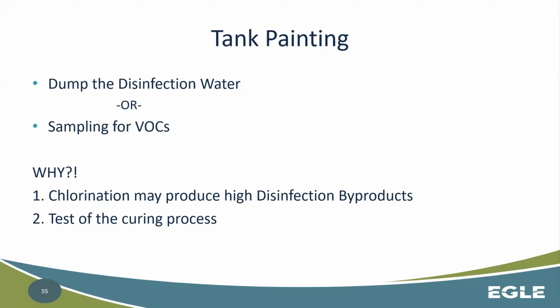And then, in addition to this, after your tank painting, make sure that you dump the disinfected water and then make sure you're sampling for VOCs. Obviously, chlorination may produce high DBPs, and make sure that the paint is cured properly and not leaching into your drinking water system, causing more potential for harm.